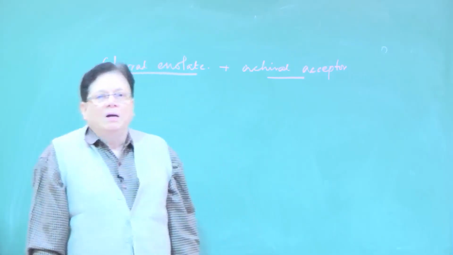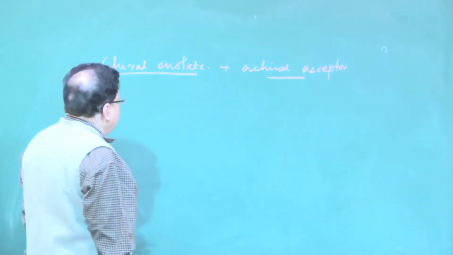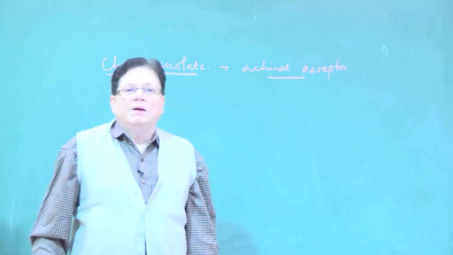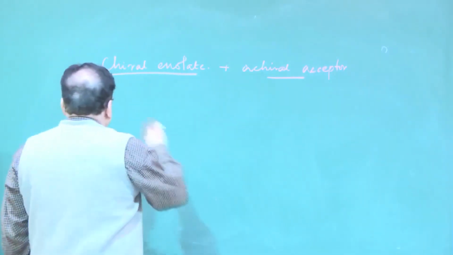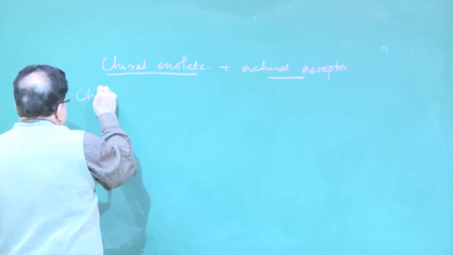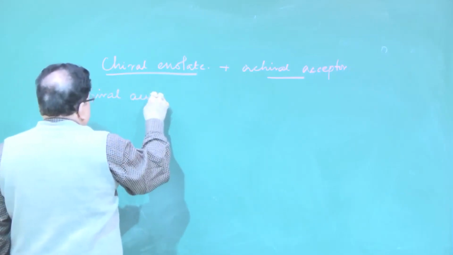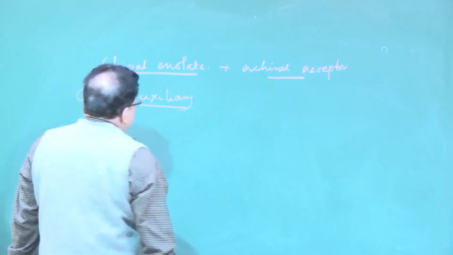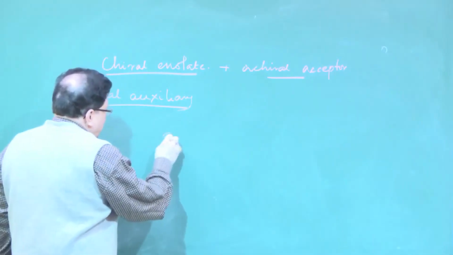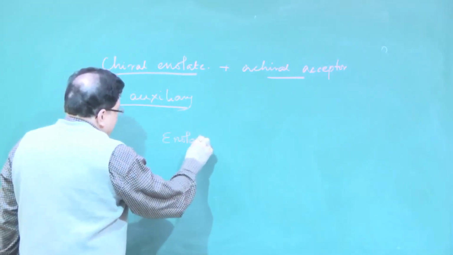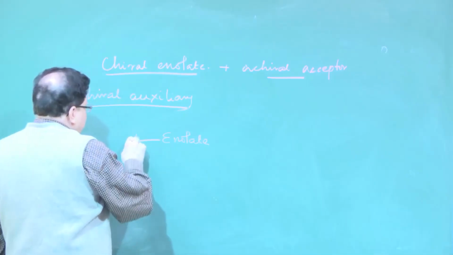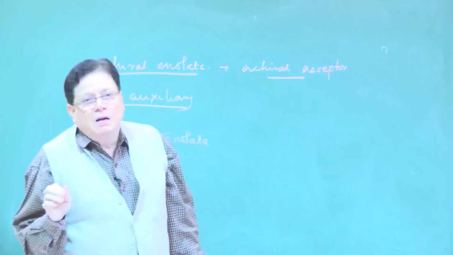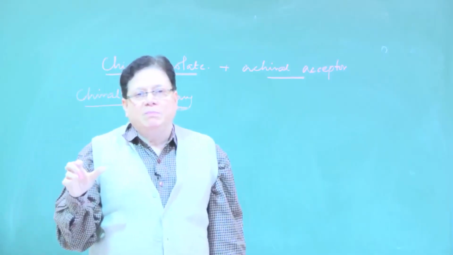So, one particular very well known strategy is what is called chiral auxiliary based approach. In that case what you do, when you have the enolate, at the enolate level you attach a temporary group which has got built in chirality.